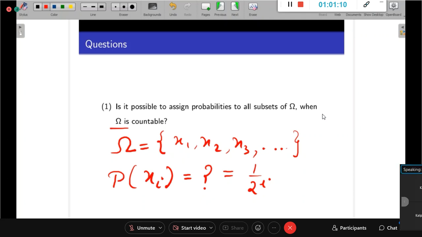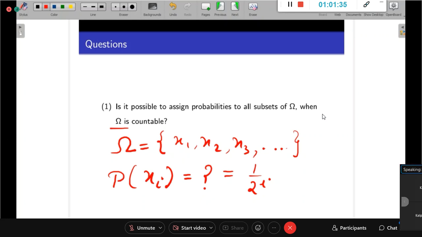I hope you understood the meaning of uncountable: there is no one-to-one correspondence between the set of natural numbers and omega. You know the large set is the set of real numbers, which is uncountable. So whether you restrict to one dimension or two dimensions, that you also have to think of.